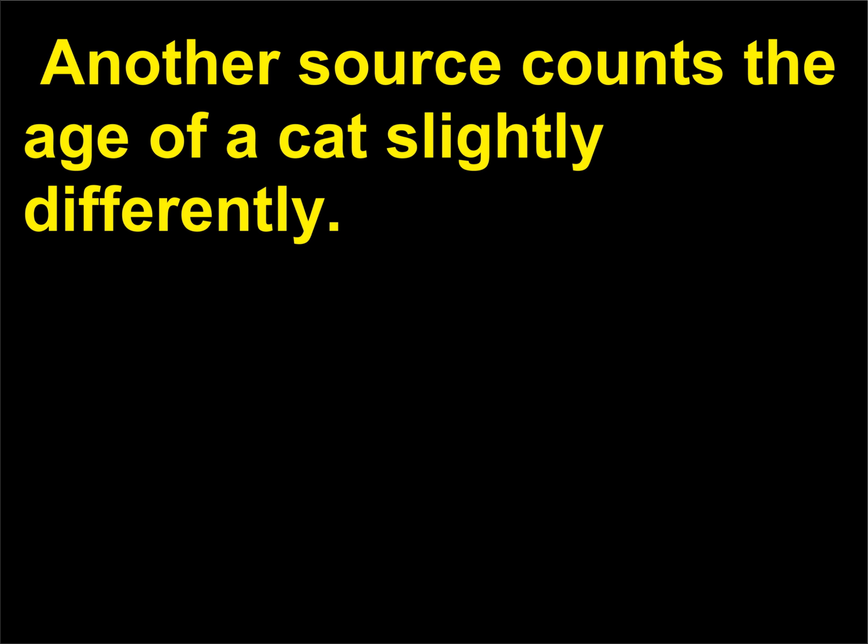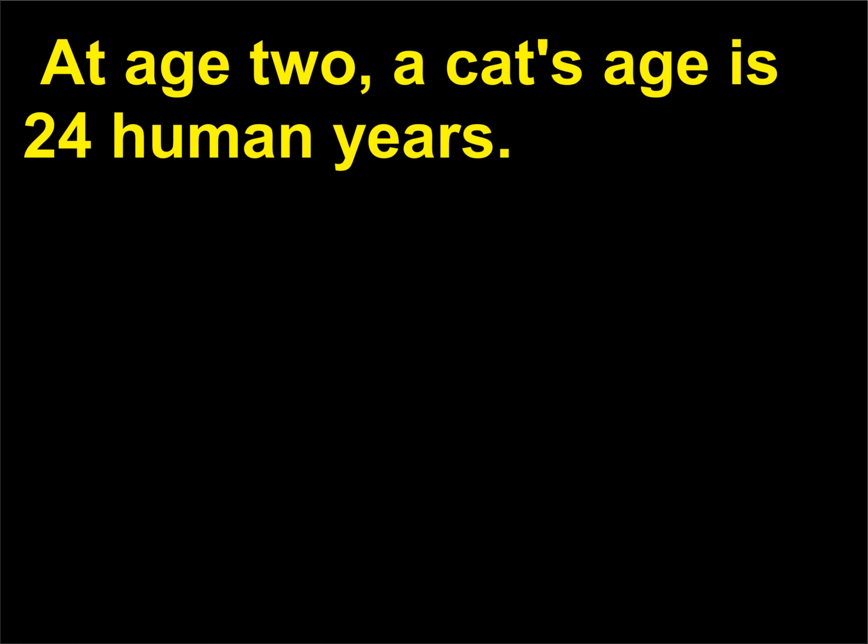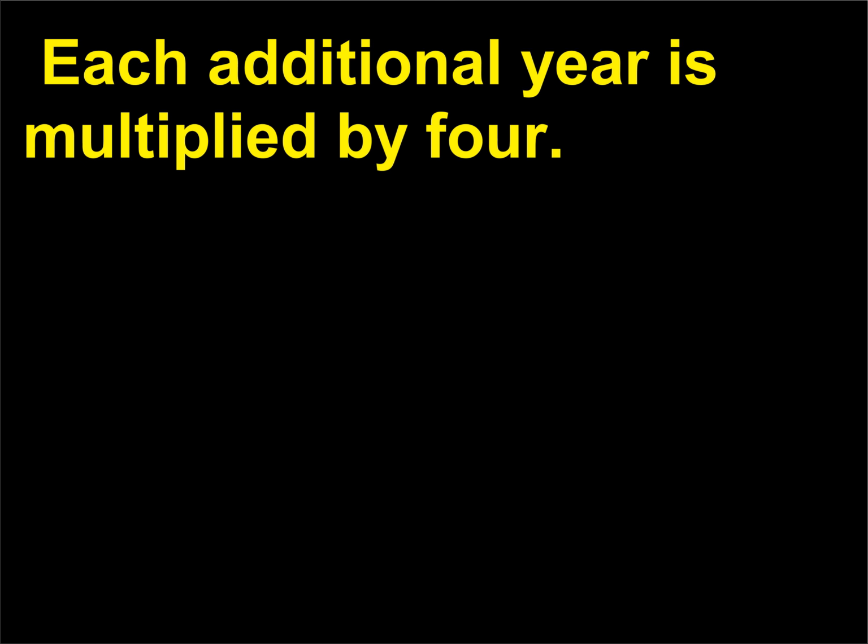Another source counts the age of a cat slightly differently. At age 1, a cat's age equals 16 human years. At age 2, a cat's age is 24 human years. Each additional year is multiplied by 4.